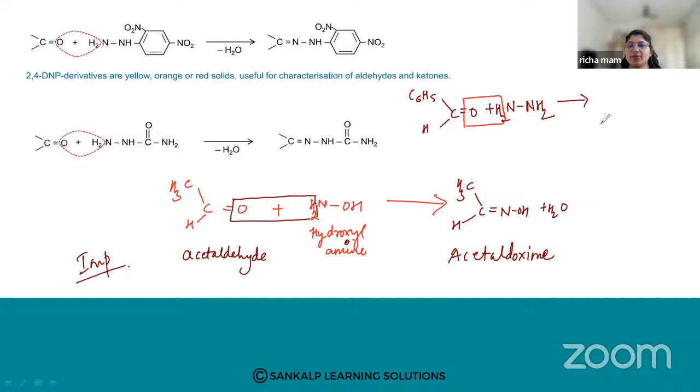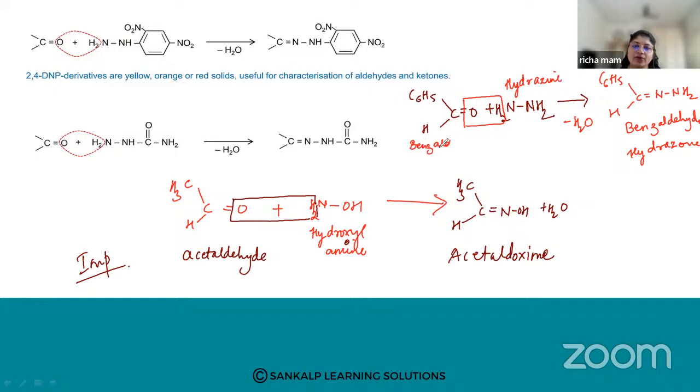There is a loss of water molecule, so it will be C6H5CH double bond N-NH2. This is benzaldehyde hydrazone. So when benzaldehyde reacts with hydrazine, you get benzaldehyde hydrazone.